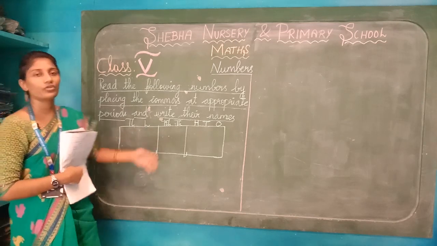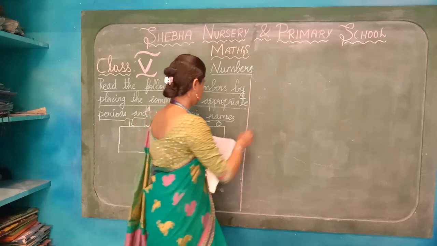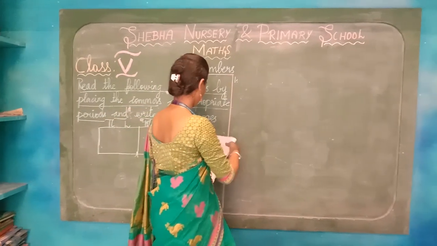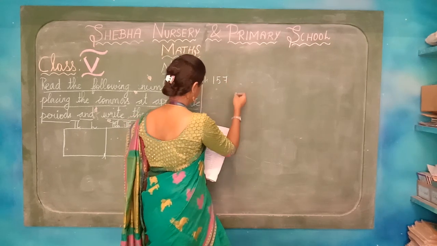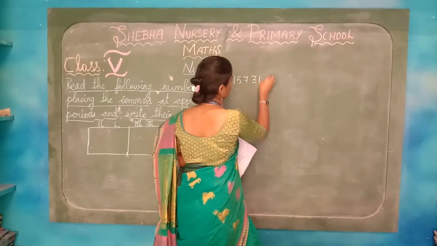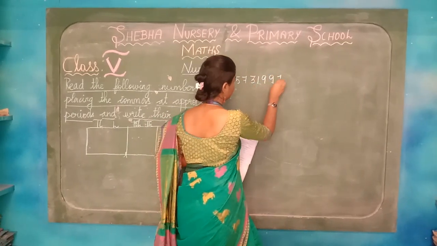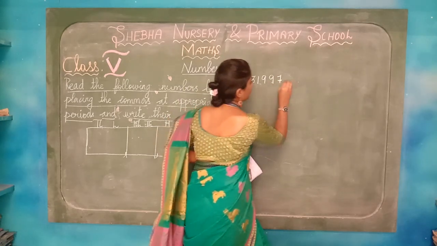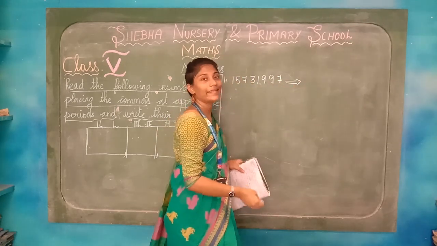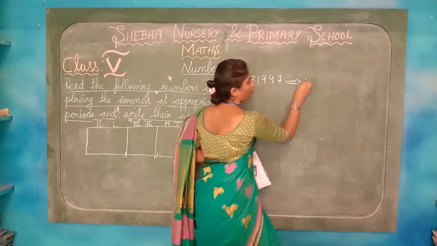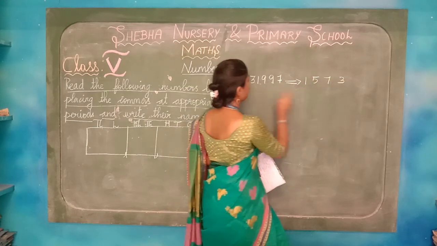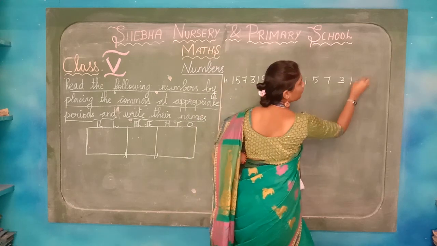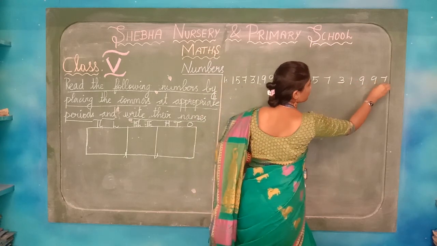Okay, let's move to the sums. First sum. First you have to write the number 1 5 7 3 1 9 9 7.